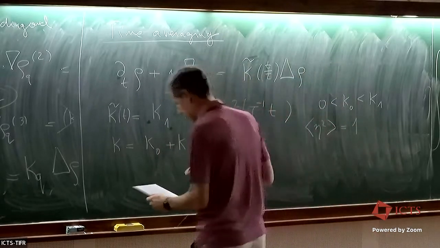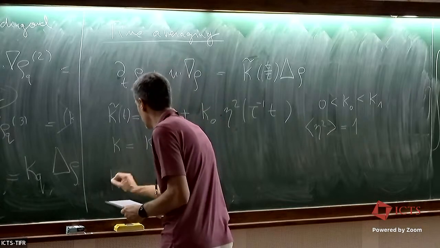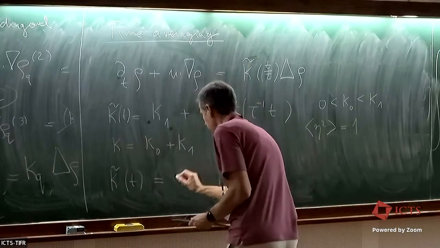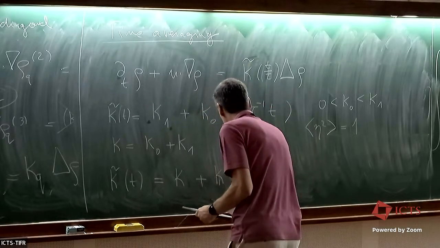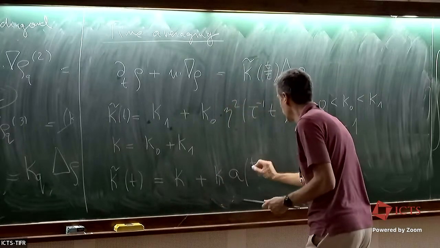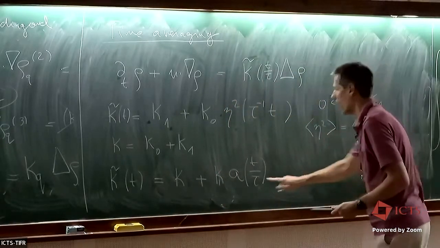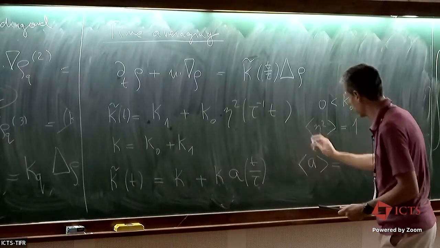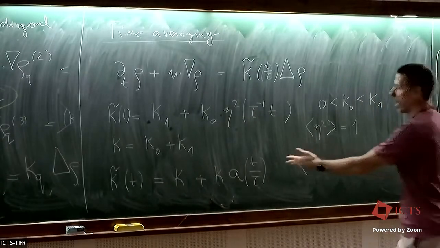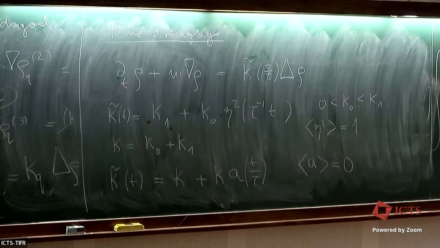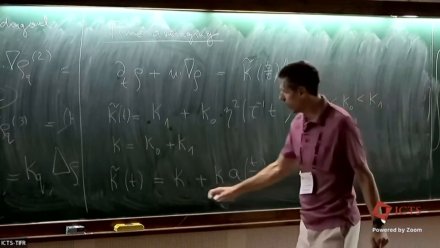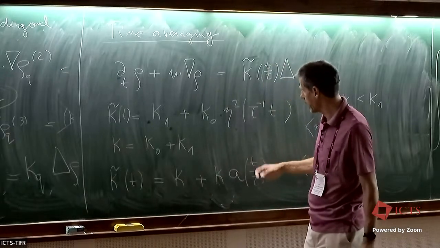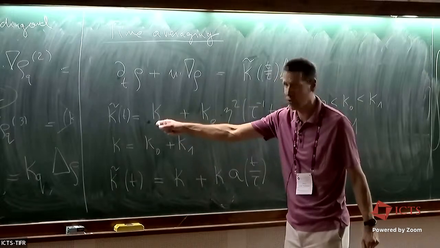Another way to write this kappa tilde is kappa plus kappa times a of t divided by tau, where a is a periodic function of average 0. So the average is kappa, but this expression has the disadvantage that you don't see that whatever value of a you happen to have, it's always still uniformly elliptic.